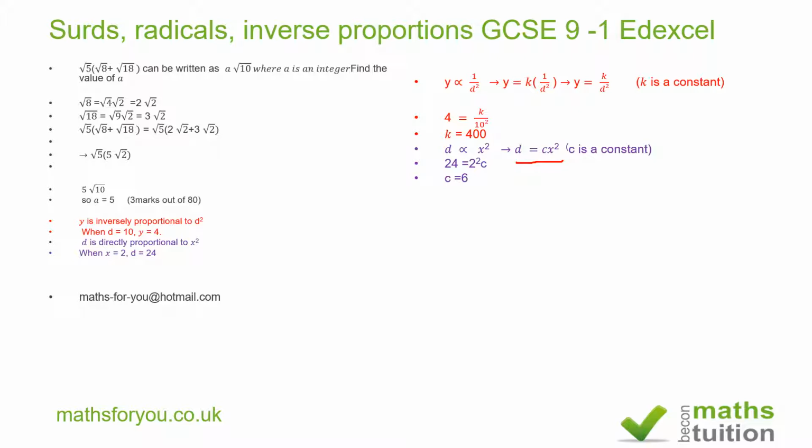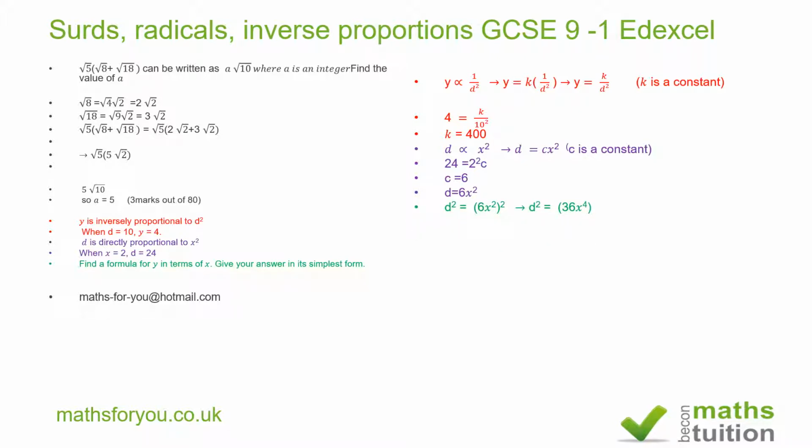So we can write that as d is equal to 6x squared. So that's our d. Now, for the next section, it says find a formula for y in terms of x. Give your answer in its simplest form.